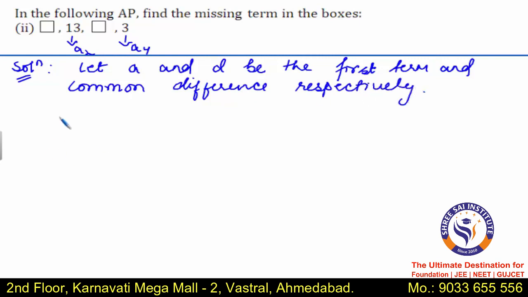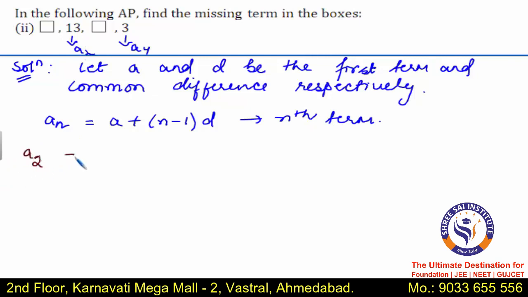Now we know that the nth term of an AP is given by A plus n minus 1 into D. And here we are given that the second term is 13 and the fourth term is 3.